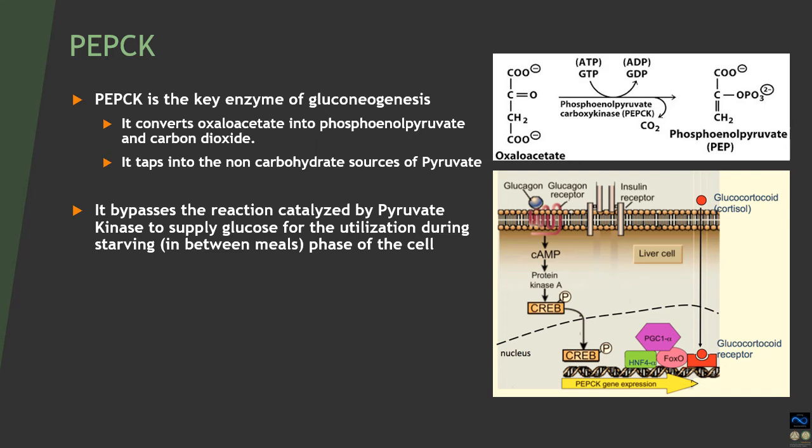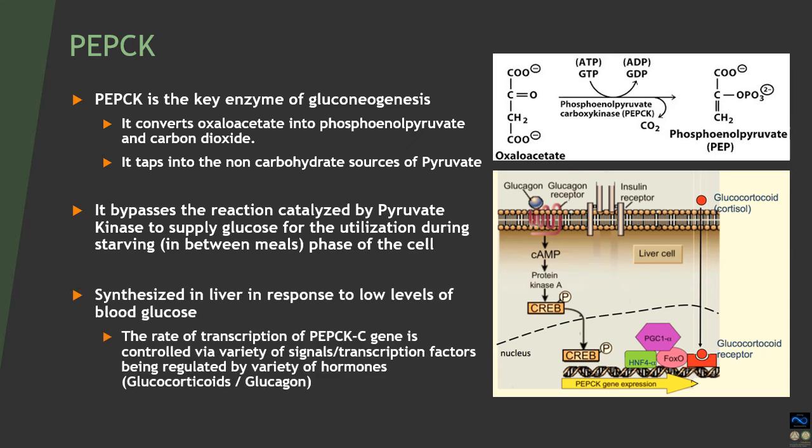So this reaction is antagonistic to the pyruvate kinase reaction. It helps in the supply of glucose from non-carbohydrate moieties. So this enzyme needs to be in a highly functional and highly expressed state in the starved state of a cell.